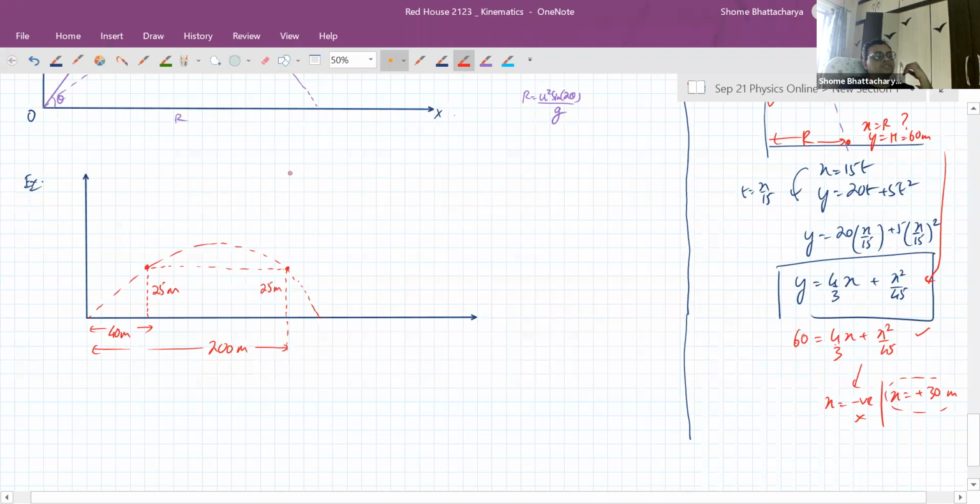Okay, so from this, we want to find the maximum height, the range, the projection speed and angle. Take g as 10 meters per second square if required.